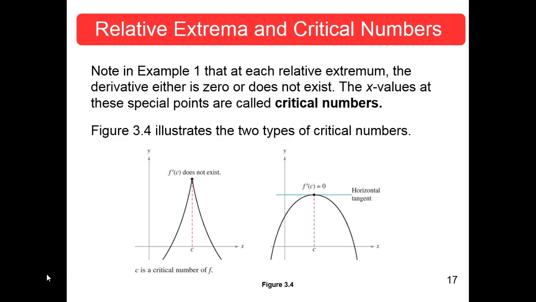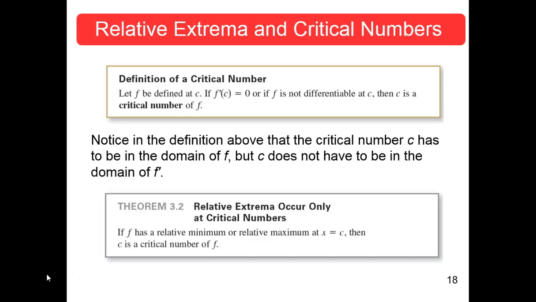Both of these are critical values where you have your extreme values. Both of these happen to be maximums. Make sense? All right. So here then is the definition of a critical number. Let f be defined at some number c. So f has to be defined at that number c.